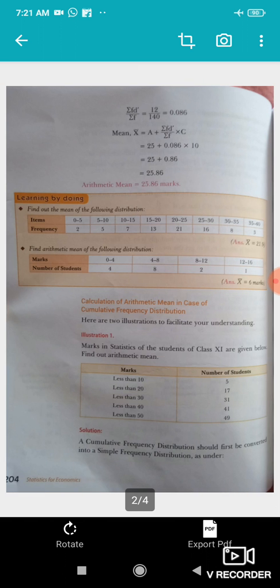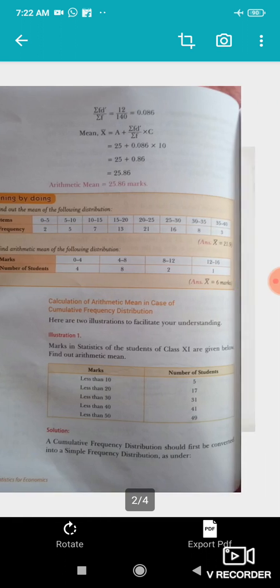And 40 to 50, that is 49 minus 41. That is, you will keep on subtracting the frequency. First one will be 5, then 17 minus 5, then 31 minus 17, then 41 minus 31, then 49 minus 41. And then in the same way you will do the question, that is by using the direct method.